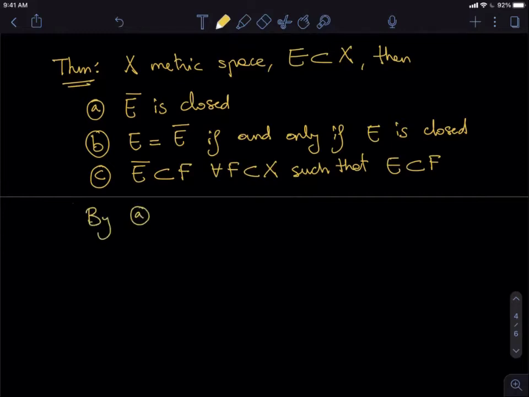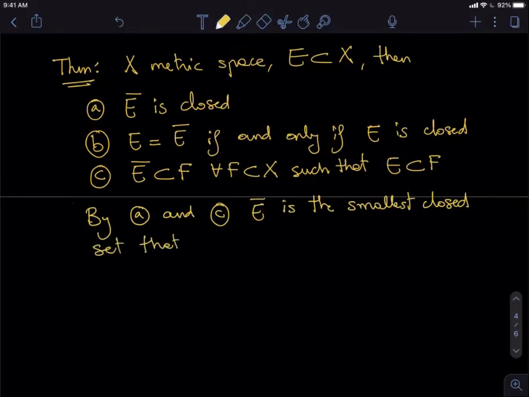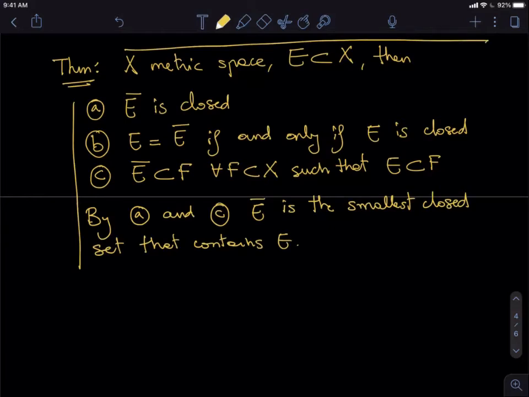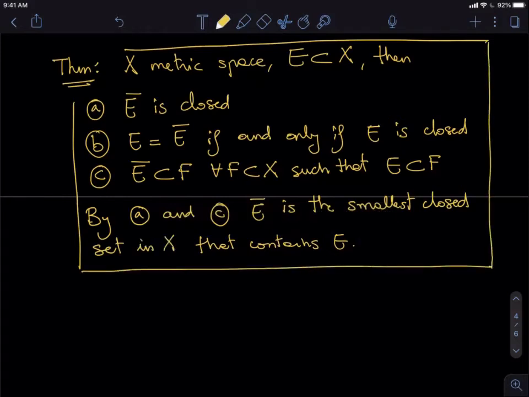The importance of this is that by (a) and (c), the closure of E is the smallest closed set in X that contains E. This means that among every possible closed set that you could take that contains the original set, the closure is the smallest.